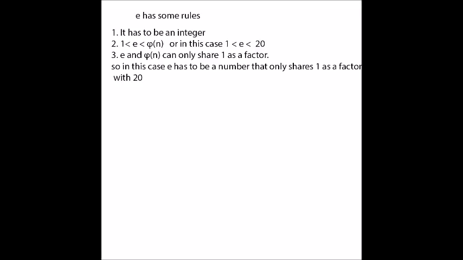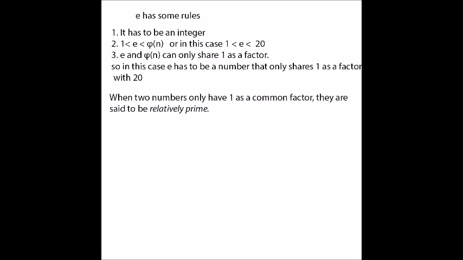So in this case, e has to be greater than 1 and less than 20, and they have to be relatively prime. We are going to pick 3, because 3 is greater than 1 and it doesn't share any factors with 20.